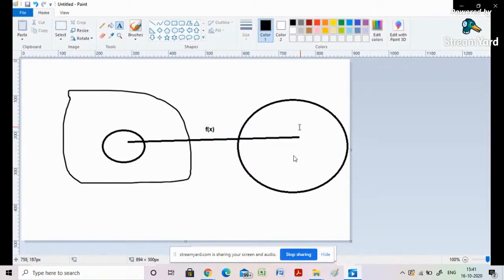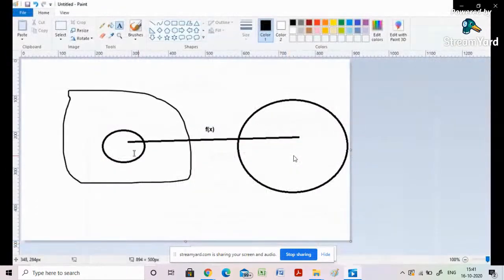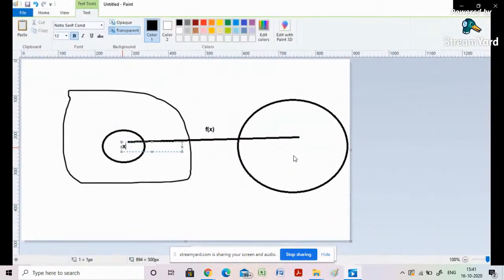Here we have the values of the function. Consider a particular point x naught. Correspondingly, we find f of x naught.